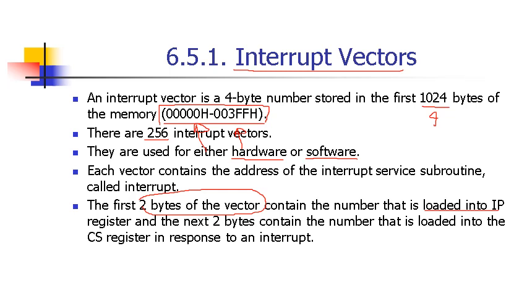So the value to be placed in your IP is read from the first 2 bytes, and the value to be placed in your CS is taken from the next 2 bytes. So the interrupt vector tells you where to go regarding the code memory segment and where to start in this specific code memory segment.